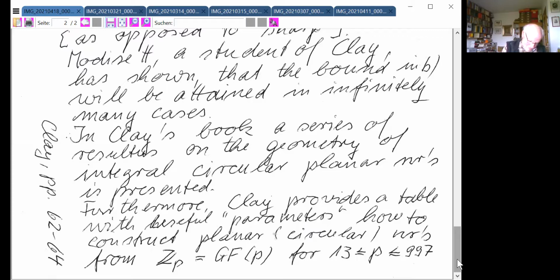The list of Clay considers the primes from 13 to 997, and of course, using computers, you can do much better.